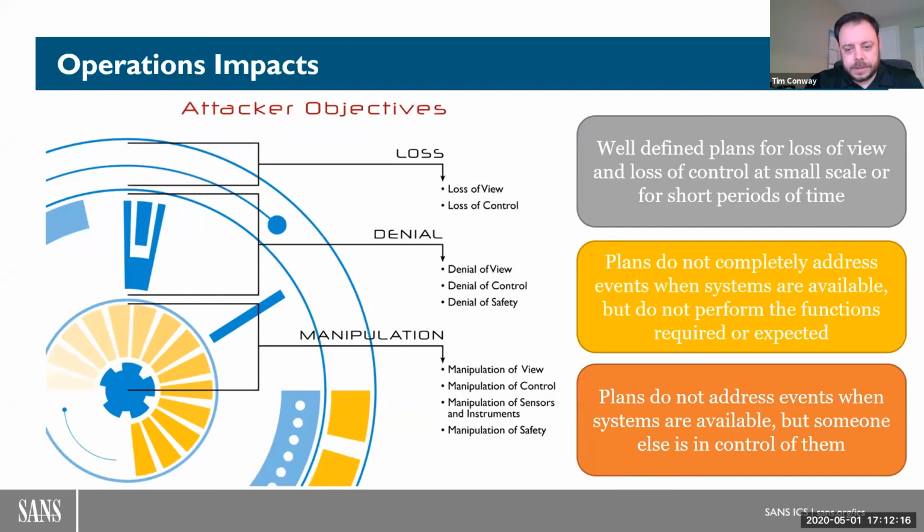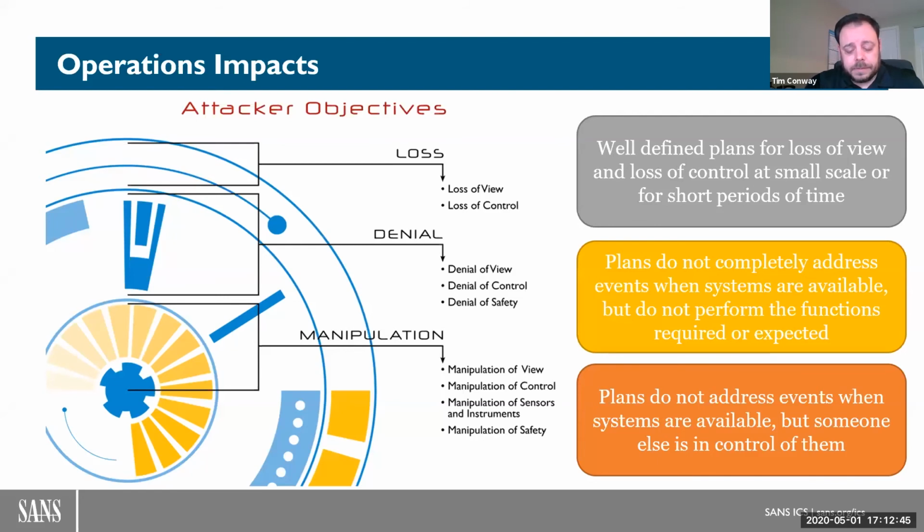The worst case is the piece that we saw with Ukraine 2015 and Ukraine 2016, going back from that incident response, working with asset owners and operators across the North American electric system and other countries. The plans and the training of the operators definitely do not address the events when the system is available, but someone else is in control of it.